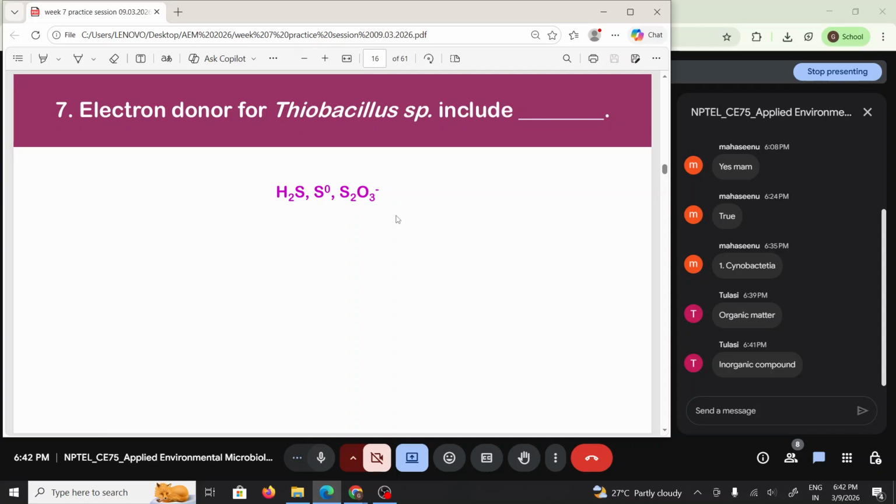It is an autotroph, so obviously it needs inorganic compounds, and especially because it is Thiobacillus, sulfur is primarily involved. So hydrogen sulfide, elemental sulfur, thiosulfate, as well as sulfite can be used as electron donors.